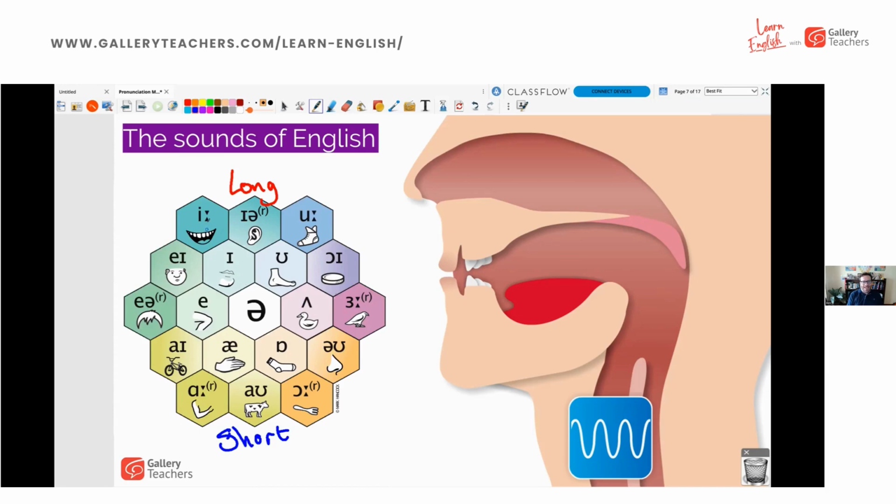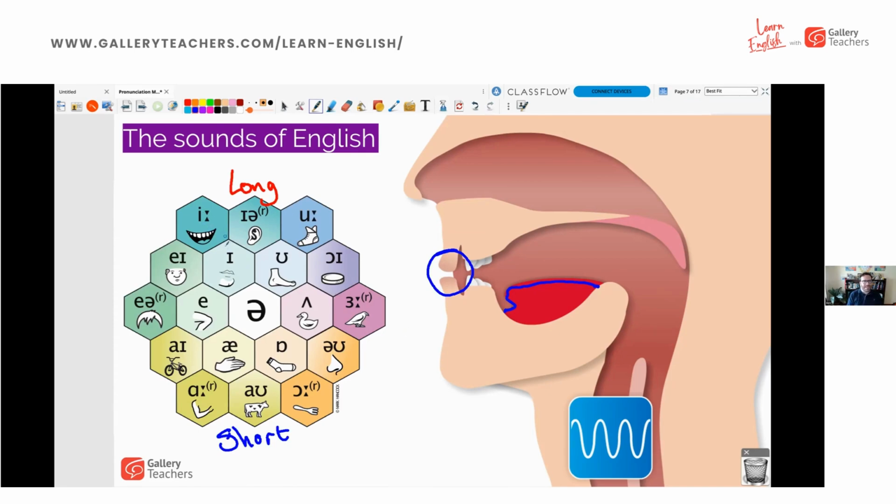Let's try this again. The tongue, Ashik, yeah, the tongue is this here. That's the tongue, and it will move around the mouth to create different sounds. For the moment, making the vowel sounds, it's all about the shape of your mouth, the shape of your lips.